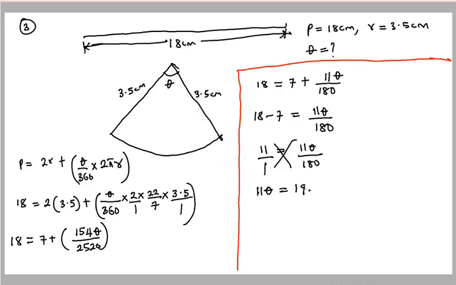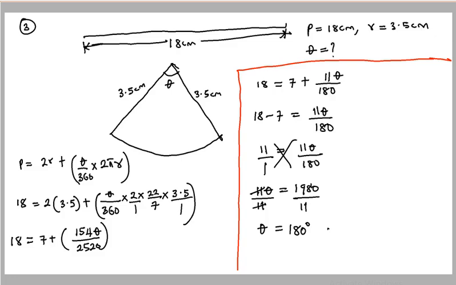So to get my theta, I'll divide both sides by 11. 11 cancels out. Theta is now equal to 1980 divided by 11, which gives us 180 degrees. And that's the answer to this question.